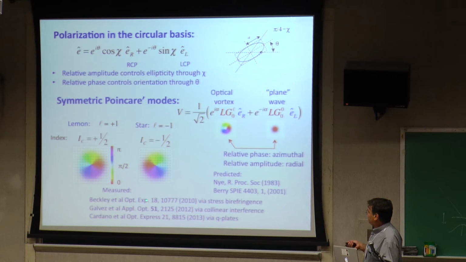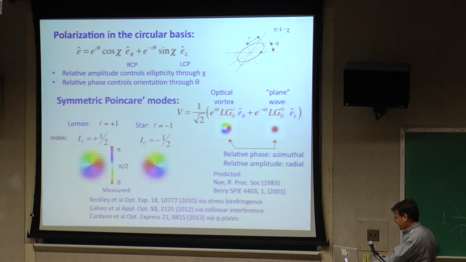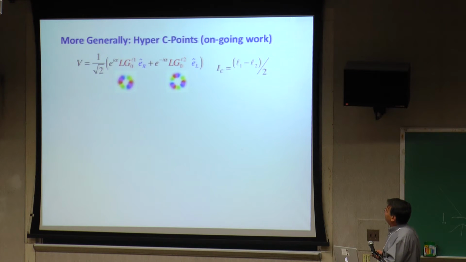And the group at Rochester includes Miguel Alonso and his name escapes me. Tom Brown. Yeah.